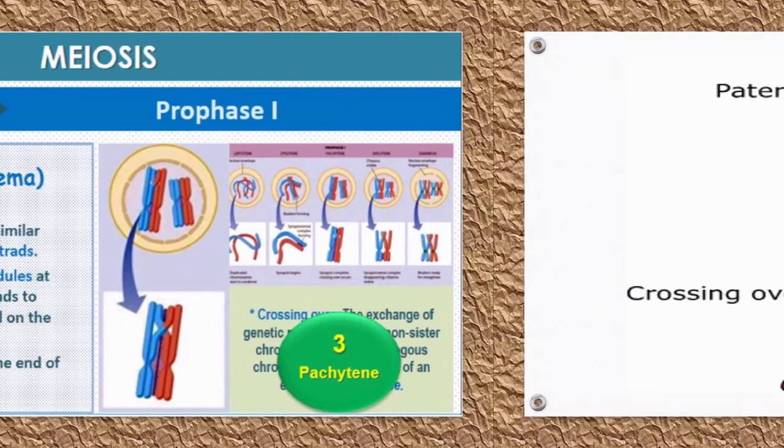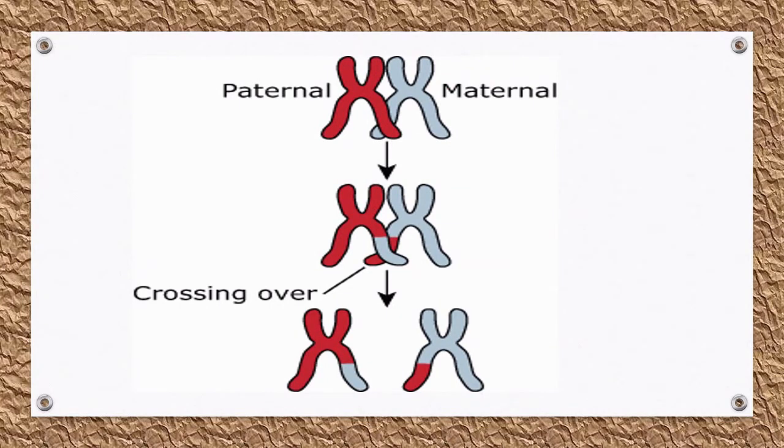Now let me try to understand what the crossing over phenomenon is. As we discussed, during the zygotene phase the homologous chromosomes are paired together, so the similar paternal and maternal chromosomes pair together. During the pachytene stage, this is the sister chromatid, with this reddish color and this gray color.